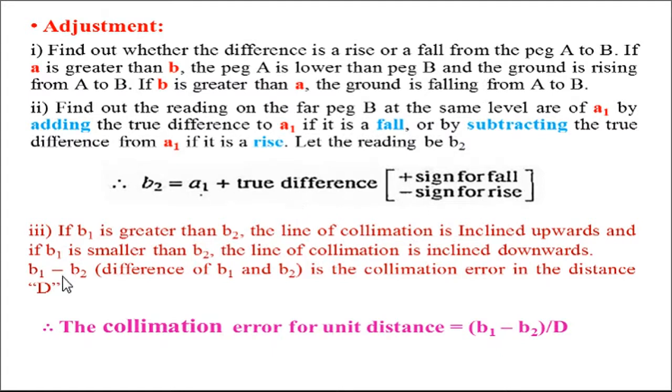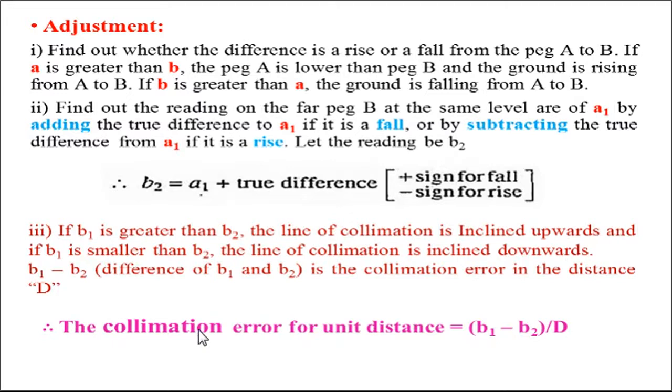Then finally we have to compare. If B1 is greater than B2, the line of collimation is inclined upward, and if B1 is smaller than B2, the line of collimation is inclined downward.